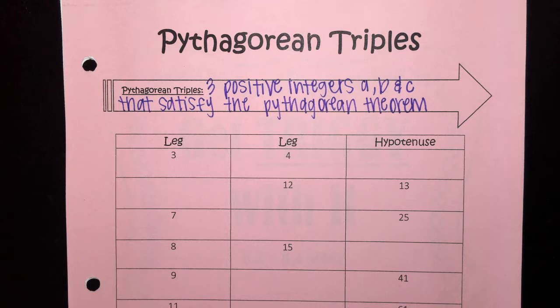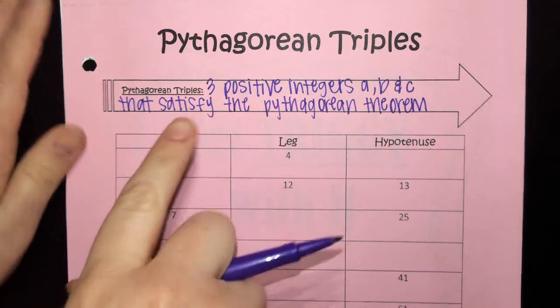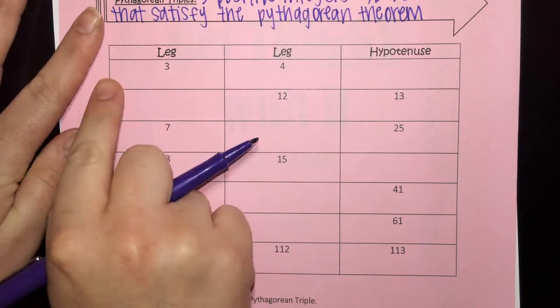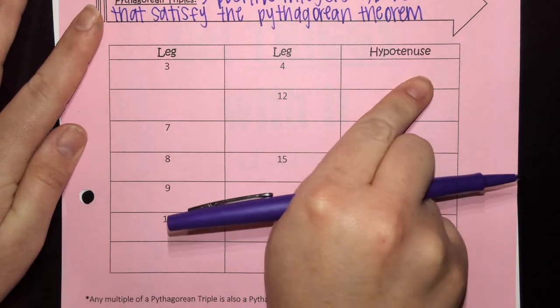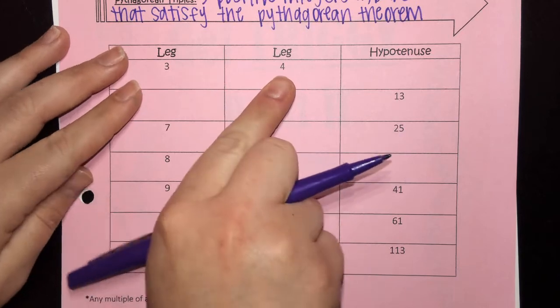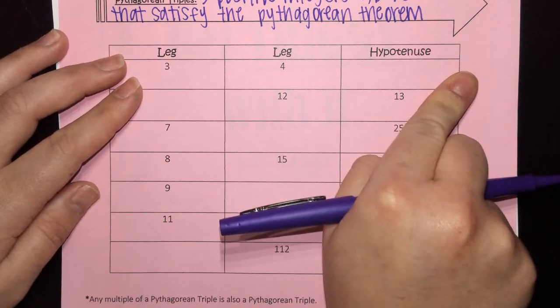First of all, what kind of triangle do we have to use Pythagorean theorem? Okay, so these all have to be right triangles. Basically, it's a chart of 2 legs and a hypotenuse, and whenever you see these 2 legs together, they're always going to have the same hypotenuse.